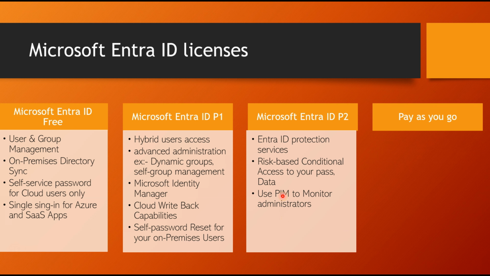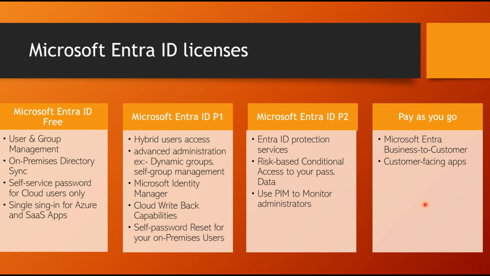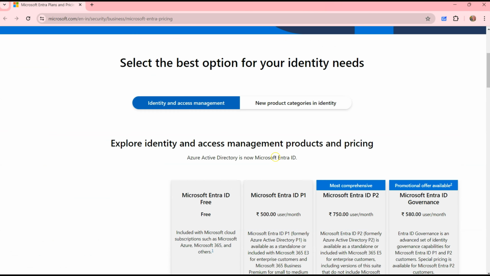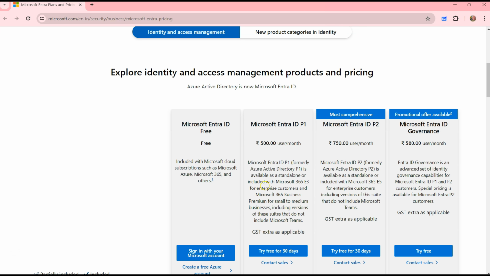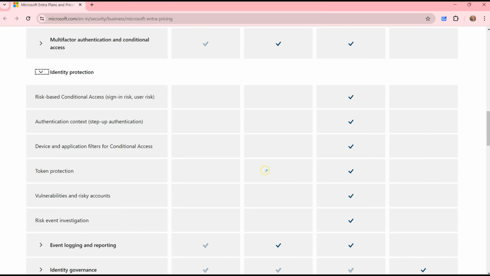P2 is the highest level, I would say, and there's nothing other than the P2. But there is pay as you go, which is for customer-facing applications if you are developing them. Microsoft Entra provides you B2C for customer-facing applications. In that case, you might be using the pay-as-you-go services. Ideally, you should look into the documentation which talks about the pricing as well as the features.